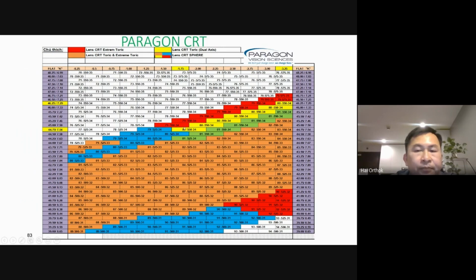The same lens can be applied for a patient at minus 3.25 diopter with the K1 at 46.25. So one Paragon CRT lens can cover 1 to 12 prescriptions for patients. And it's very useful for practitioners who want to have a dispensing set in their facility. Paragon CRT is the best.